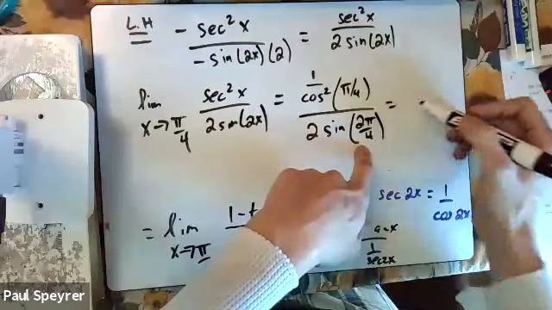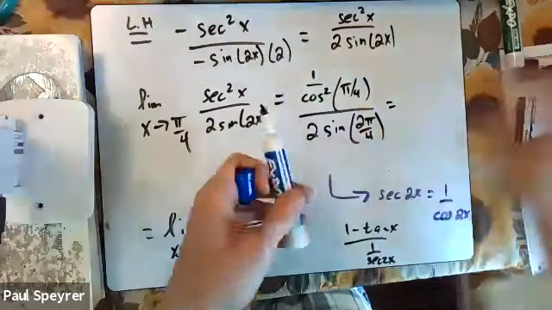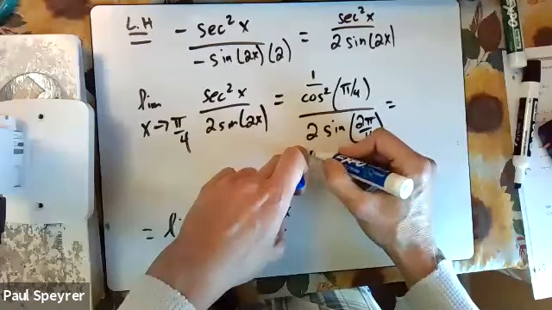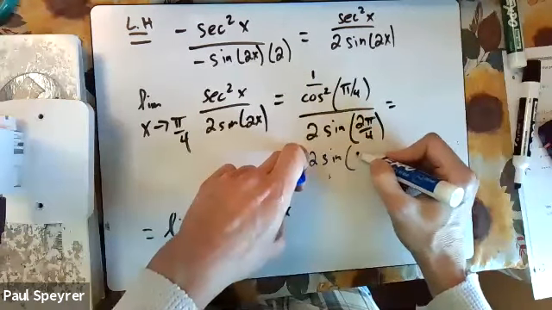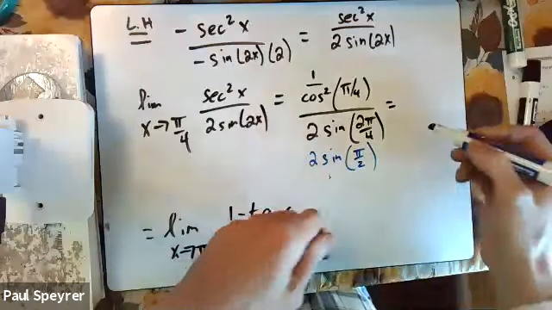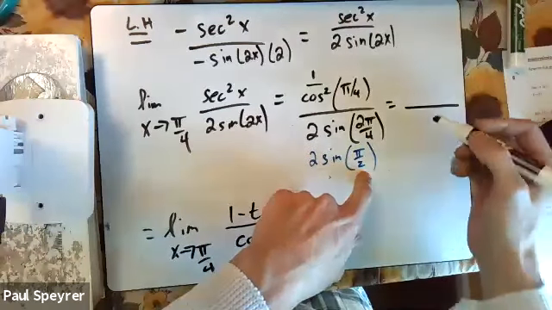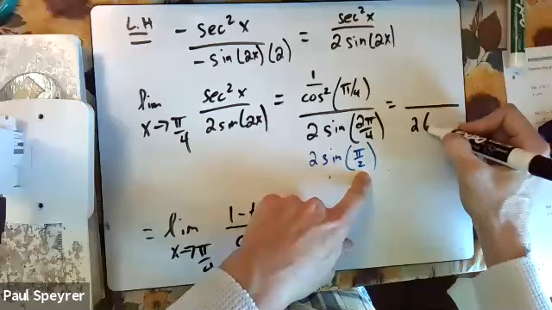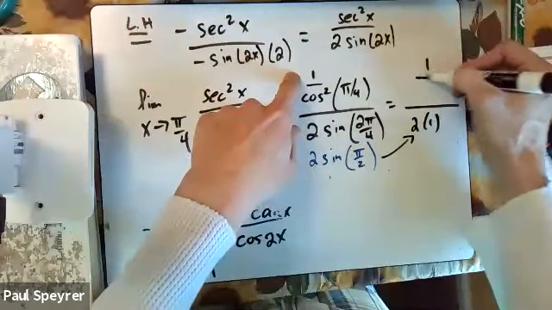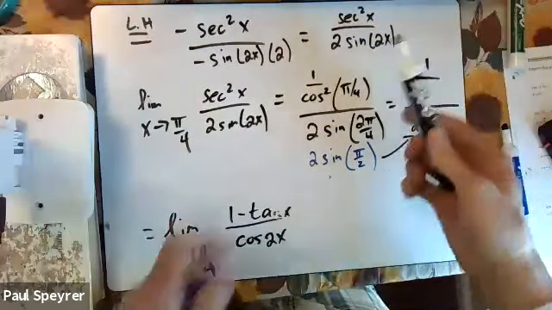Like that's what's going to happen when we simplify this or reduce it. So again, this is 2 sine of pi over 2. So what is sine of pi over 2? That's 1, right? So this is 2 times 1. Now, what about this? This is 1 over, what's cosine of pi over 4?